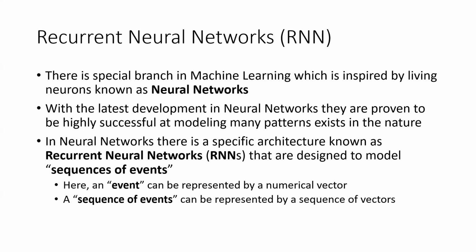Some of these big breakthroughs are relevant to natural language processing as well. So before we discuss that, we have to learn how deep learning or this neural network technology is connected with natural language processing, right?